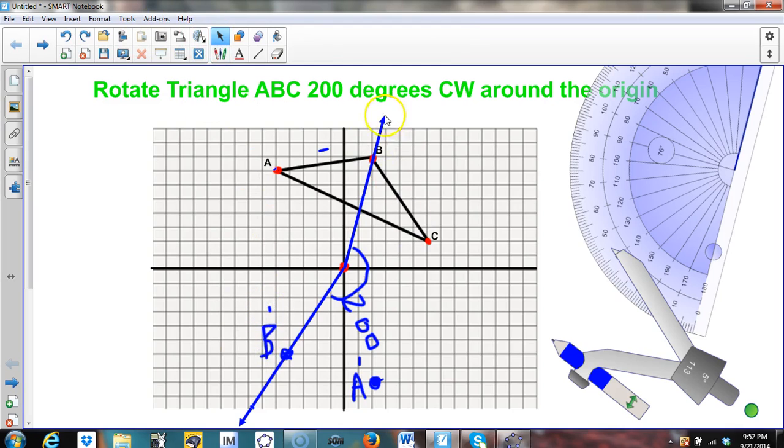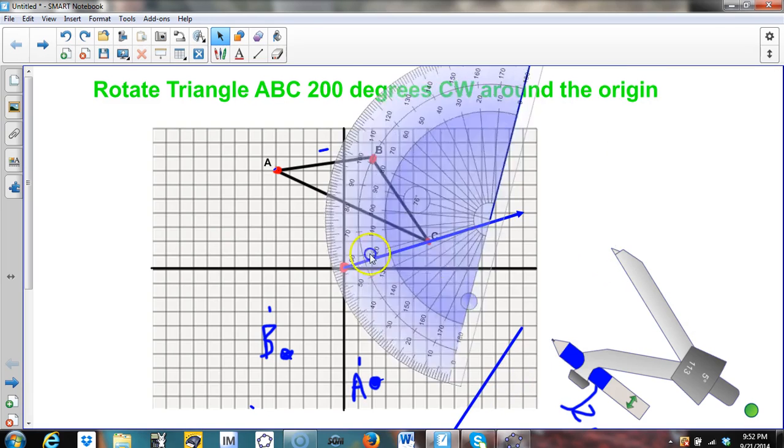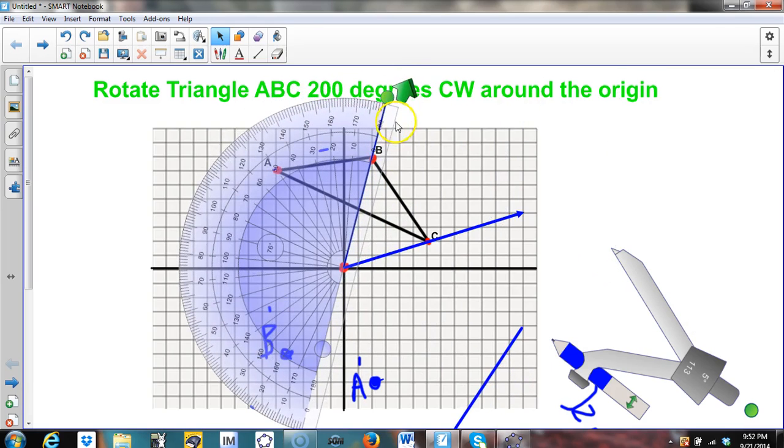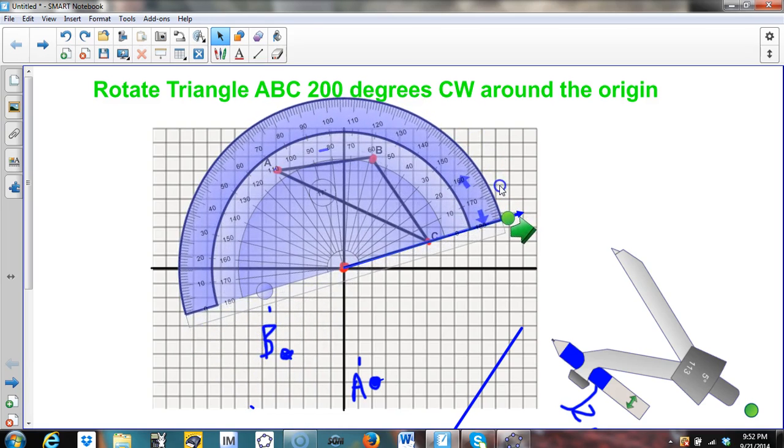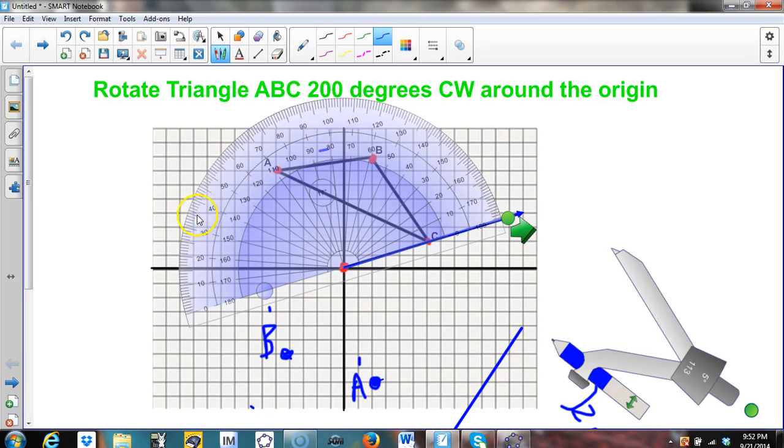Then you would take your pencil and draw another ray going from the center through C, and now we have to measure that 200 degrees, right? We don't know exactly where this is going to go yet. So I'm going to take my protractor again and set it so that my ray is on the 0 line, and count 0, 10, 20, opening this way again. I'm going to mark on my paper where 160 is.